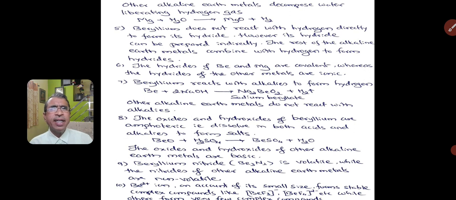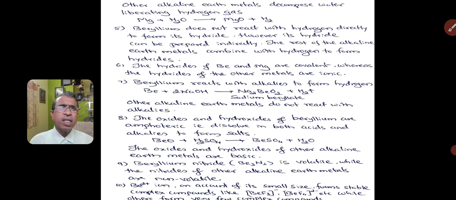However, its hydride can be prepared indirectly. The rest of the alkaline earth metals combine with hydrogen to form hydrides readily. The hydrides of beryllium and magnesium are covalent in nature, whereas the other hydrides are ionic.